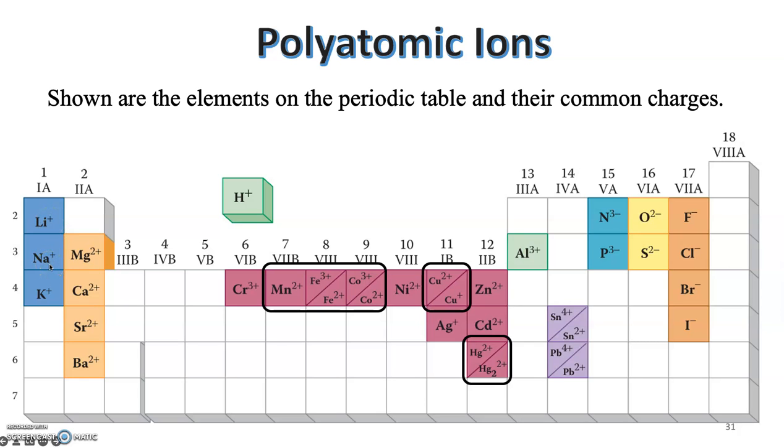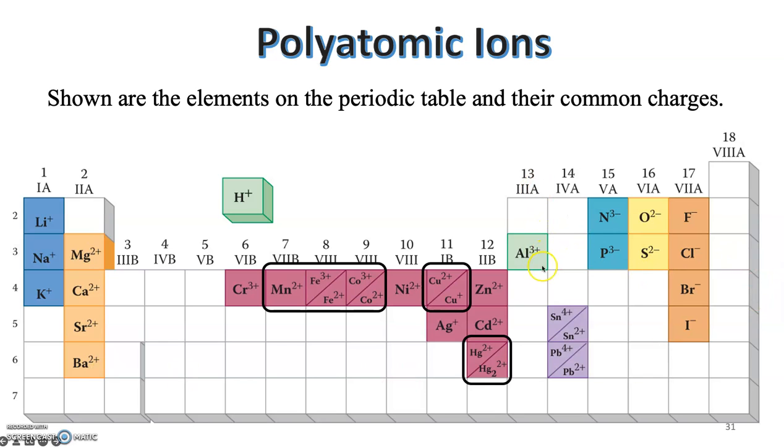Sodium can form sodium plus by losing one valence electron, and potassium can lose one valence electron and become potassium plus, or K+. Likewise, for group 2A, with the exception of beryllium, magnesium, calcium, strontium, and barium can lose two valence electrons and become magnesium 2+, calcium 2+, strontium 2+, or barium 2+.